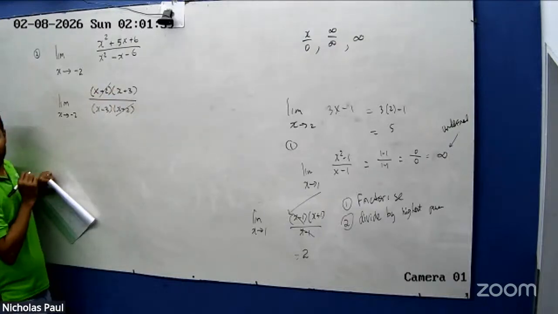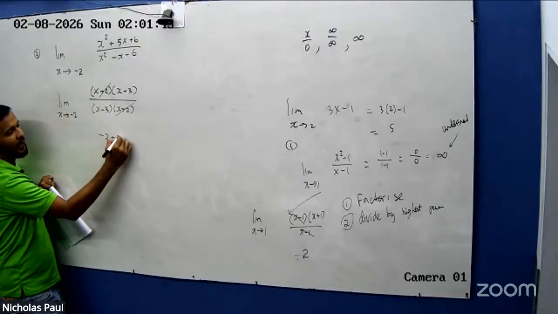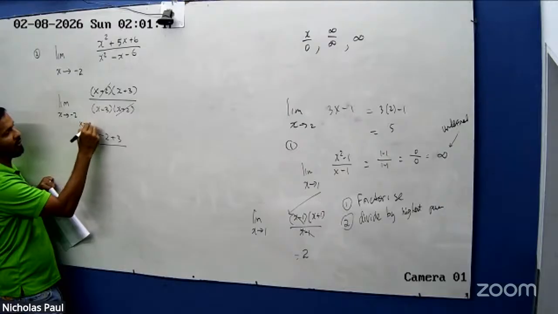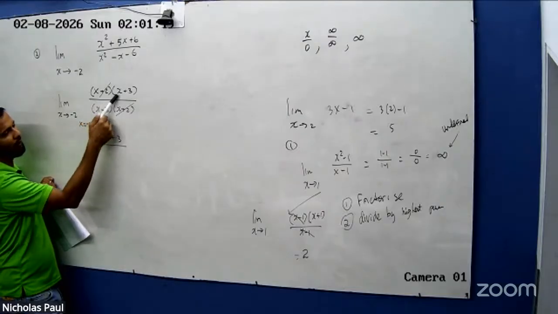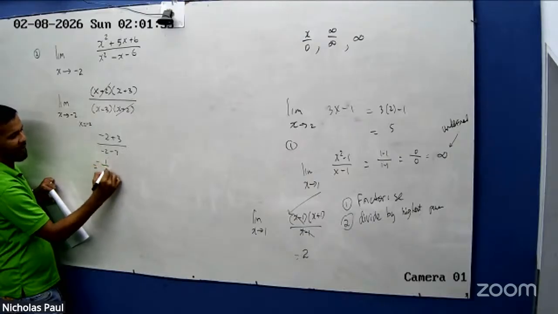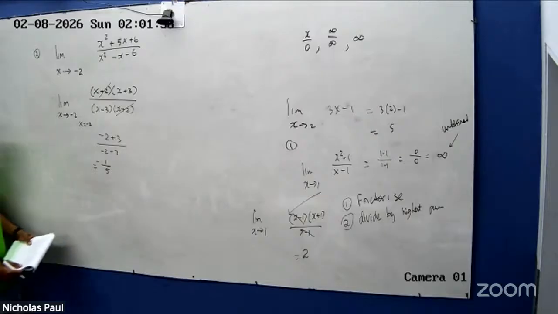Just cancel, right? And then you plug in minus 2. So you'll get minus 2 and 3. Plug in minus 2 and 3. I got 1 on minus 5 all together. Let's go again.